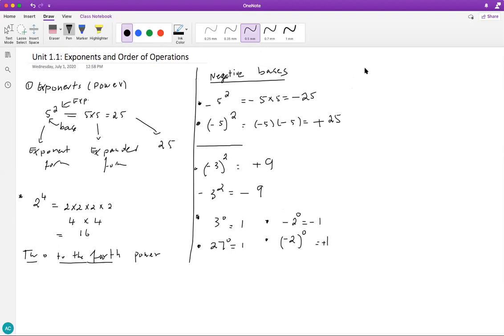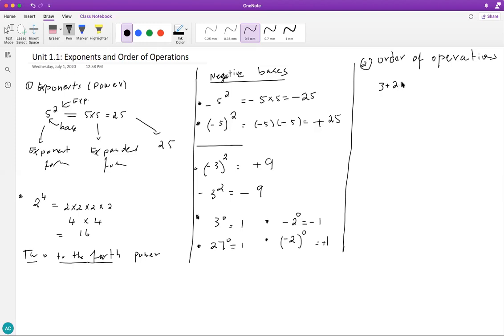So now number 2, we're going to talk about the order of operations itself. The order of operations is usually we have maybe 3 plus 2.